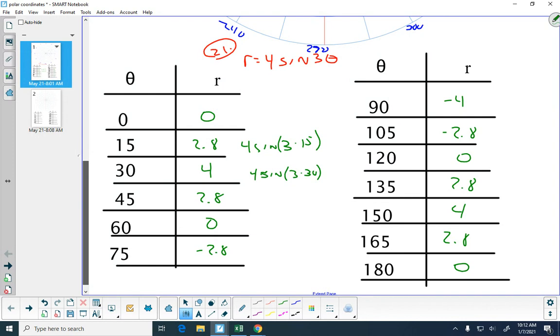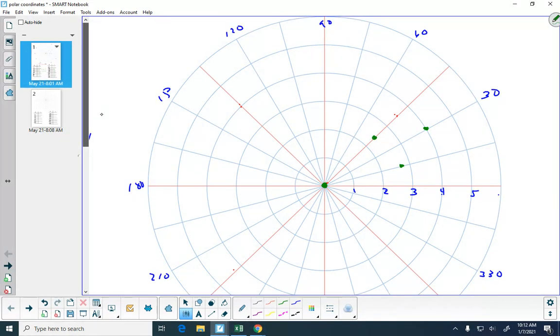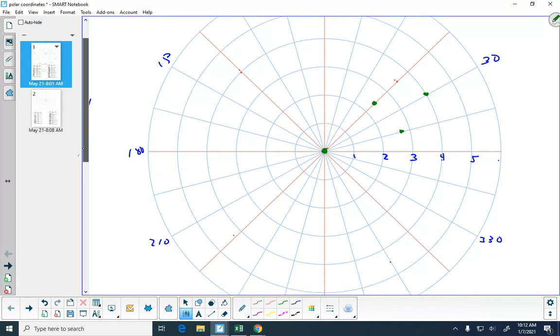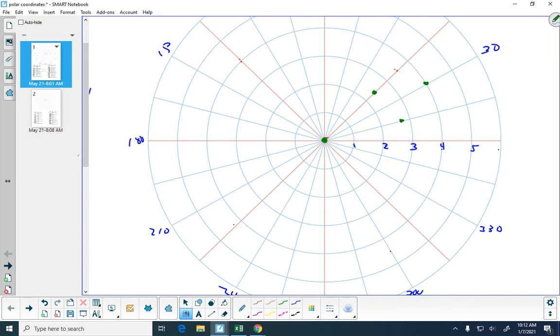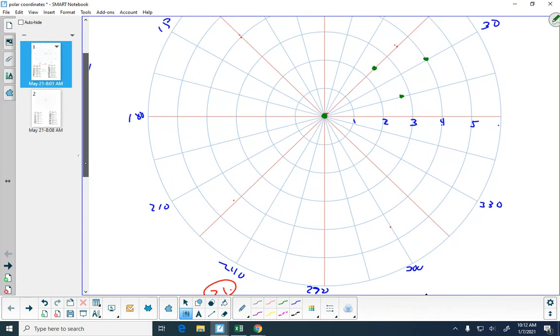Then at 75, we're at negative 2.8, so we have to go out backwards since we have a negative value here. Rather than going out to 75, we're going out the opposite of 75, which is 255. It'll take us back on this line right here.